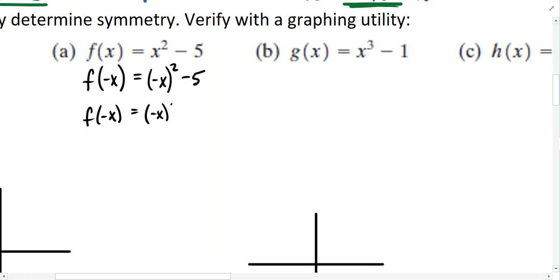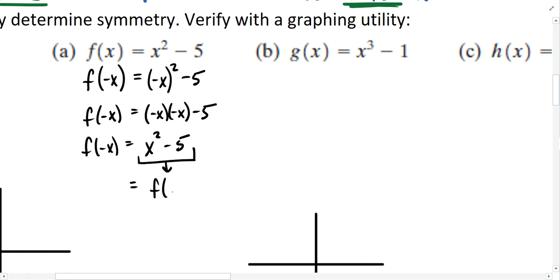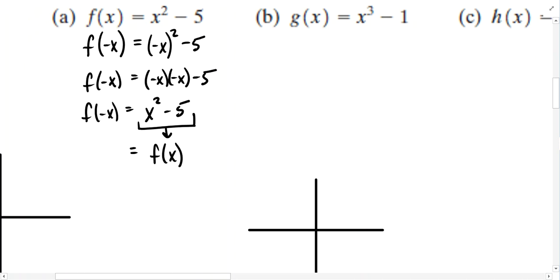And you probably recognize what's going to happen next, but I'll just be explicitly clear with the math. This negative x squared means to multiply negative x times itself. And when we multiply negative x times itself, we're just going to end up with a positive x squared again. Well, this expression, x squared minus 5, that's just the same as the original function, f of x, isn't it?